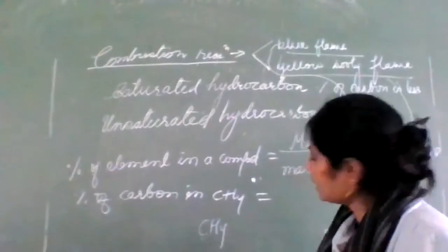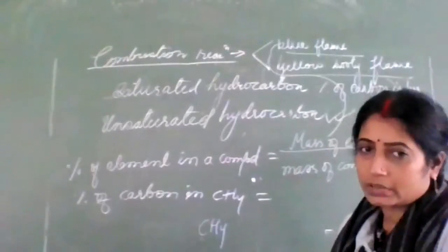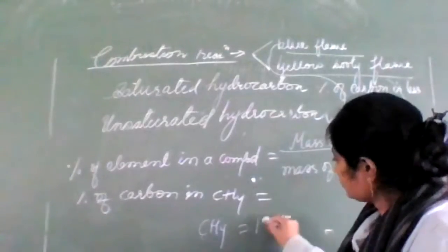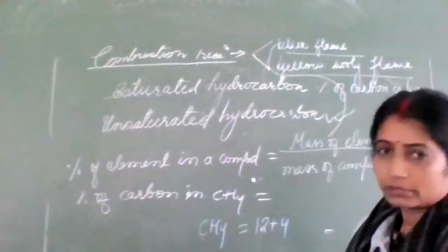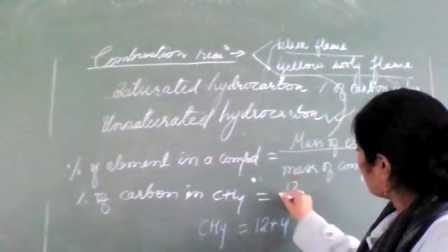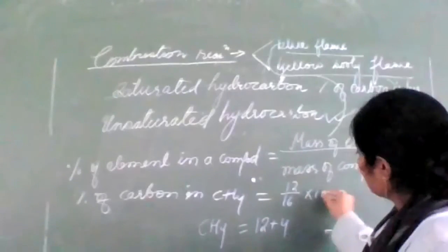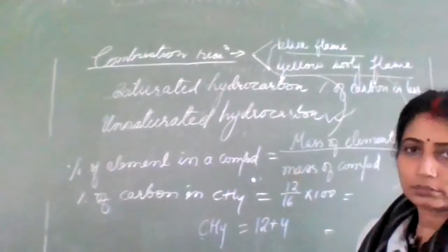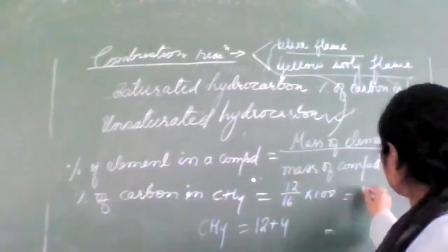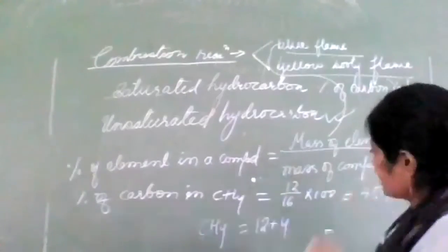CH4 में कार्बन कितना है? कार्बन का मास 12. 12 plus 4 ना, तो हम यहाँ क्या लिखेंगे? 12 by 16 into 100. It will be 75%.